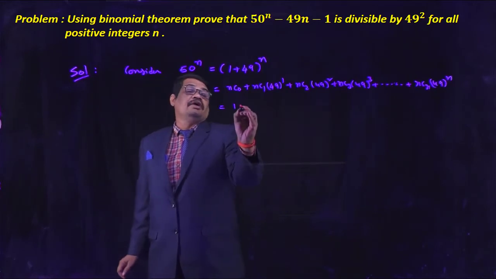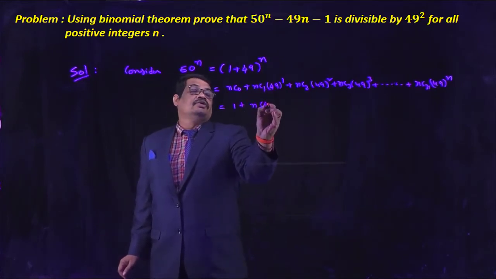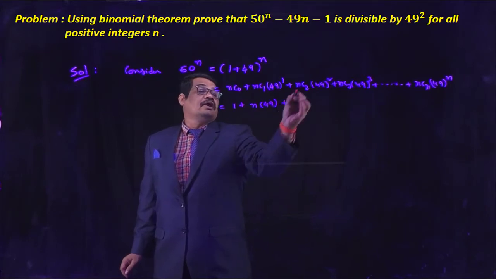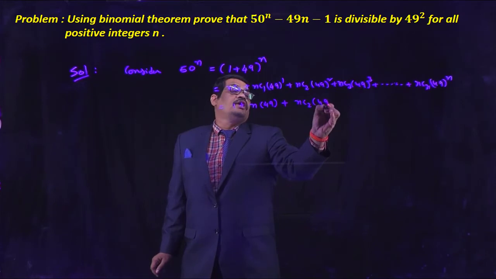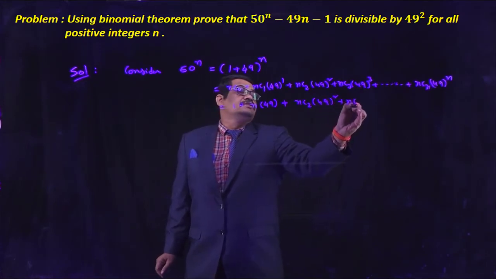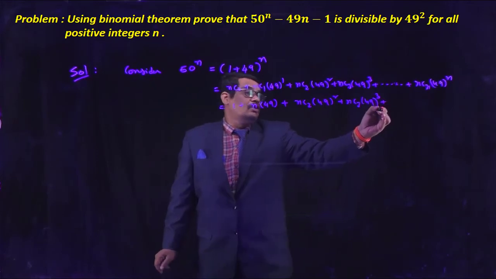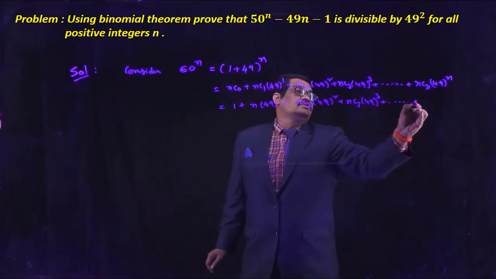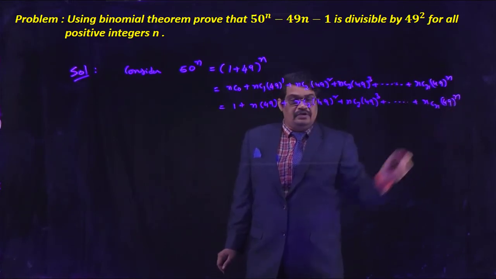What is the value of nC1? That is n into 49. Now we write the remaining terms as they are: nC2 49 square, nC3 49 whole cube and so on, nCn 49 to the power of n.